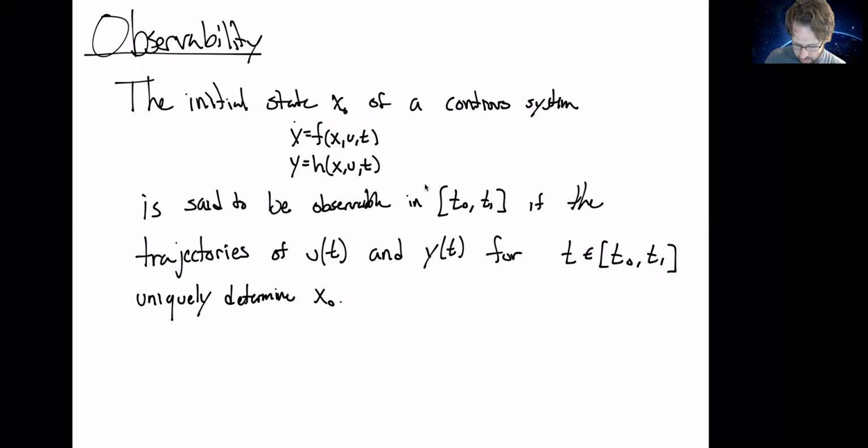So given a continuous time system of, say, a nonlinear system where f and h could be nonlinear functions of the state x, the input u, or just time, this system is said to be observable in the interval of t0 to t1, t0 being the initial condition, t1 being some time along the trajectory, if the trajectories of the input and the output, u and y, along this interval can uniquely determine the initial condition.